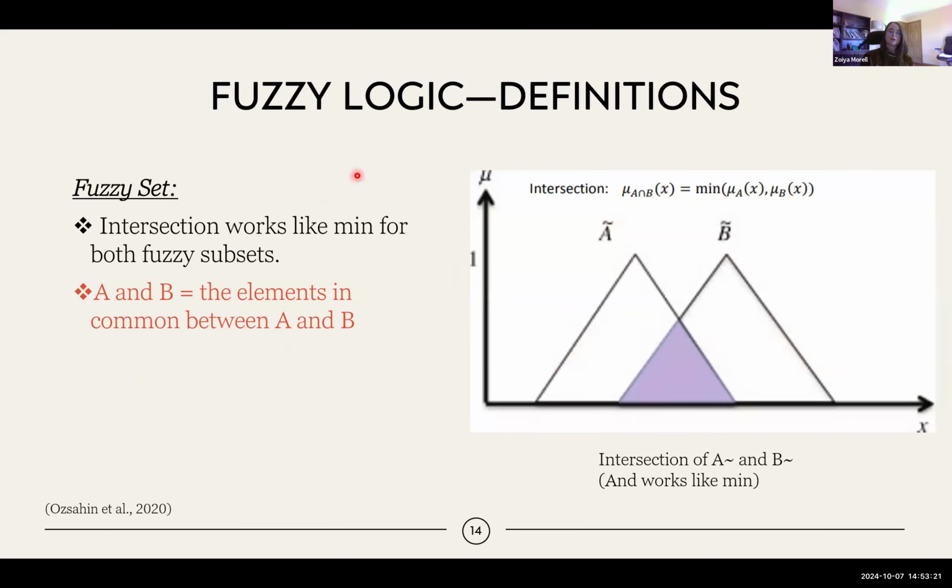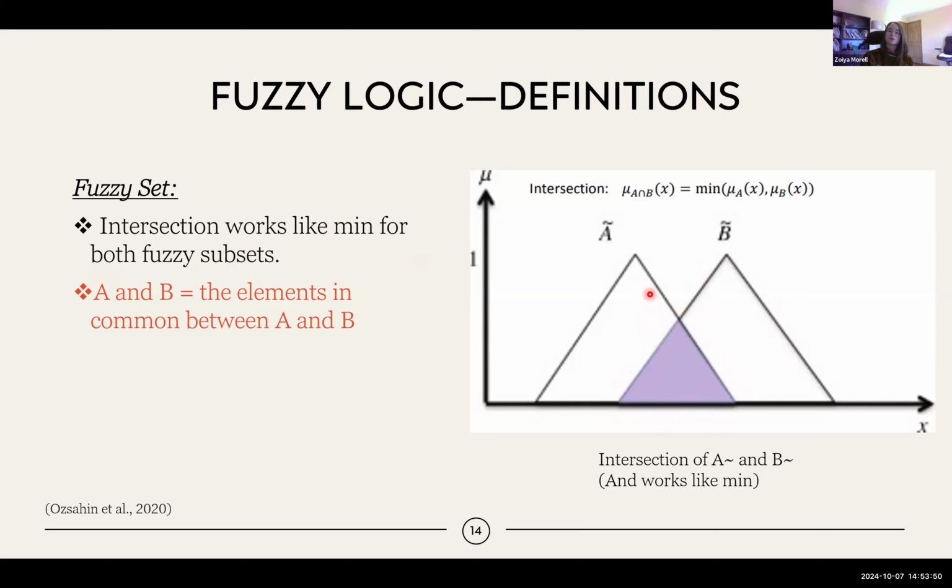There's also a lot of the binary traditional logic stuff we can do with fuzzy sets, but it works slightly differently. For instance, we can still do intersection between sets, but it works like minimum. For fuzzy subsets A and B, you have the elements in common between A and B, and what you get on a graph is only the fuzzy subset that is in both of them.